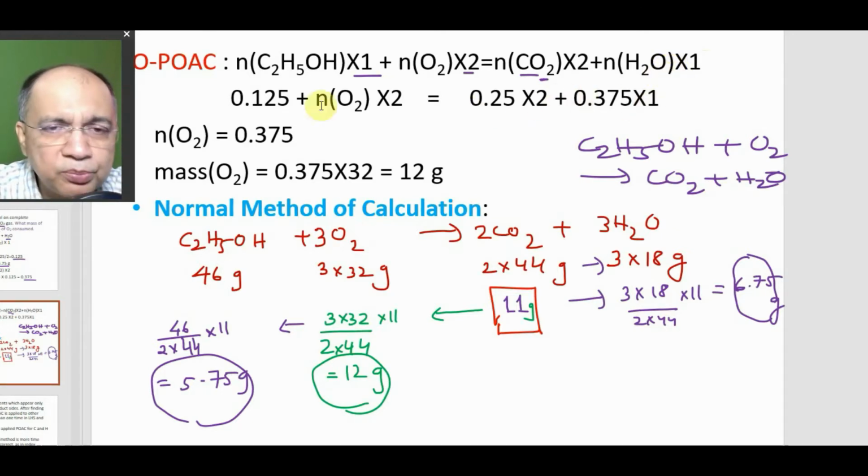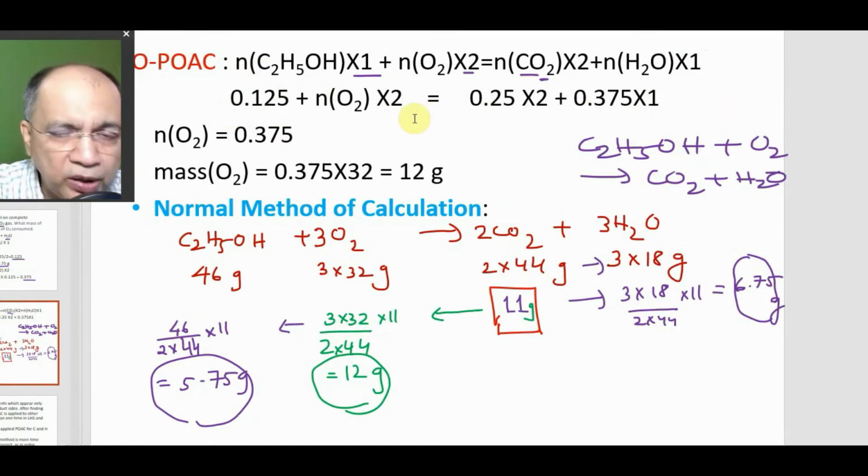So both the number of moles have been found out. One is the data given, 0.25 carbon dioxide, and we just now found the number of moles of ethanol, 0.125. So use them, and the only unknown here is the number of moles of oxygen that we get, 0.375, and converting it into its mass we get 12 gram.